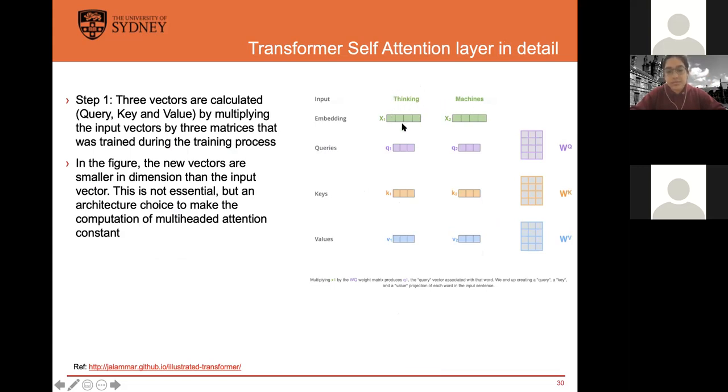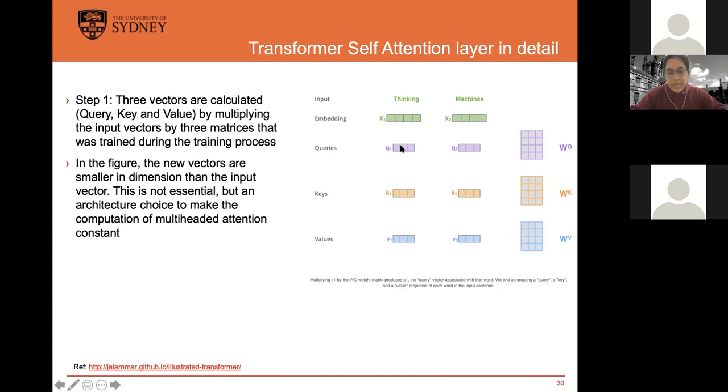You did your embedding, and you now have these matrices: query, key, and value. You get three vectors, queries, keys, and values. Multiplying x1 with the query matrix, you get q1. Multiplying x2 with the query matrix, you get q2. Similarly, multiplying x1 with the key matrix, you get k1, k2, v1, v2, and so on.